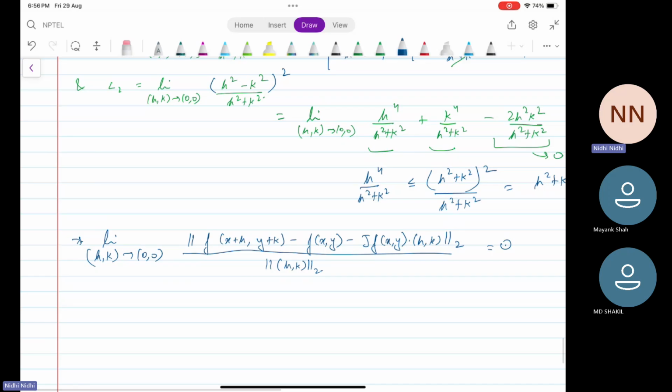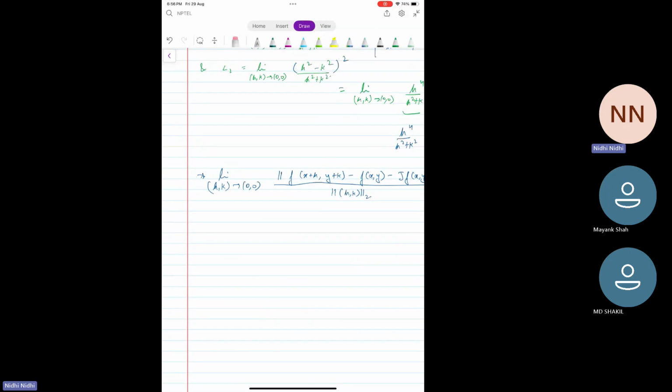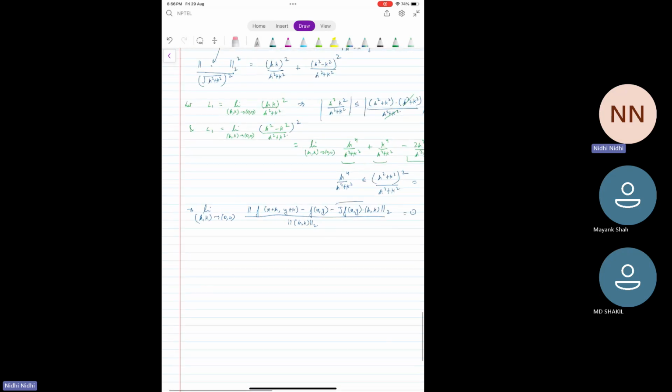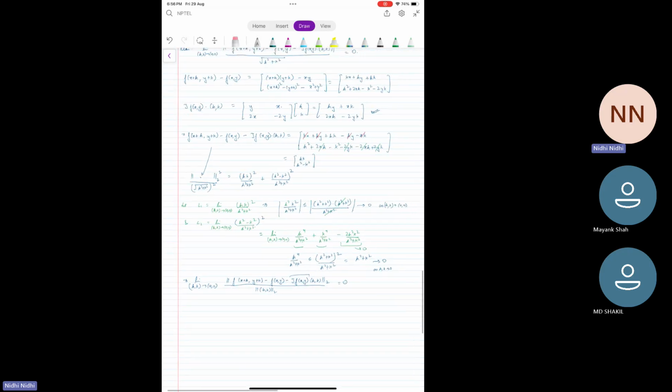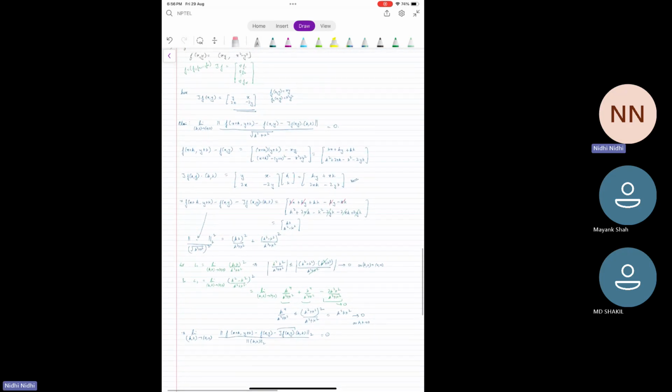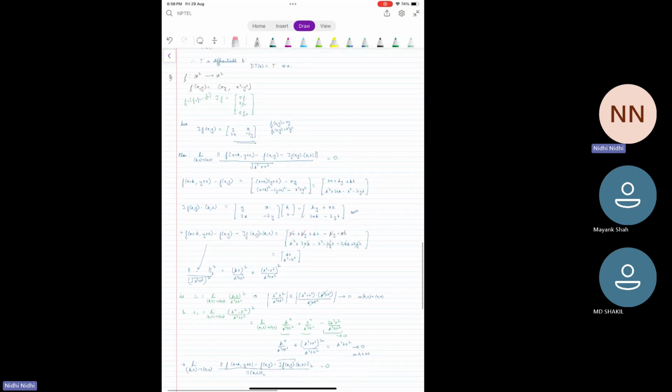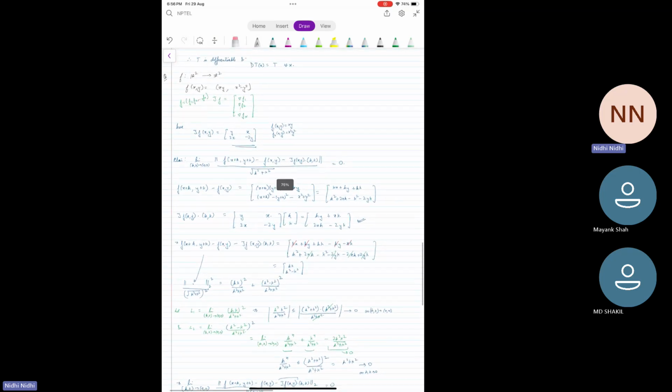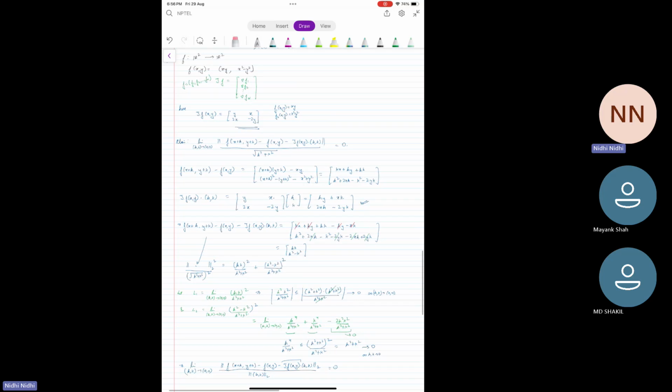That's what we need to show to show that the function f is differentiable and its derivative is given by this function. So in this case, again, we were able to find the derivative, and it was evaluated using the Jacobian matrix.